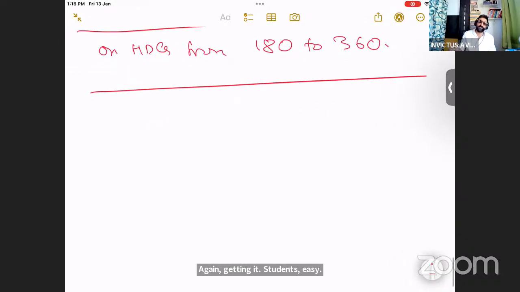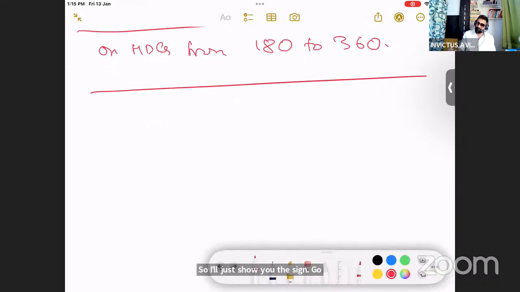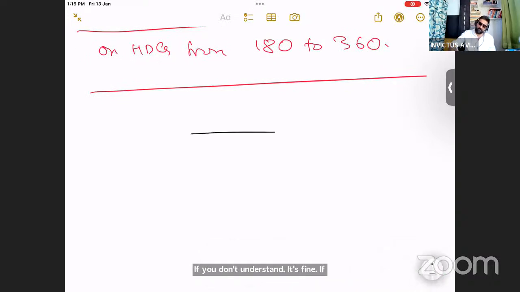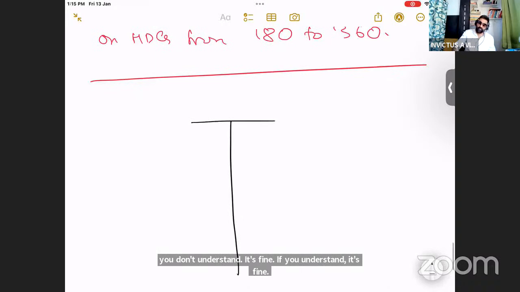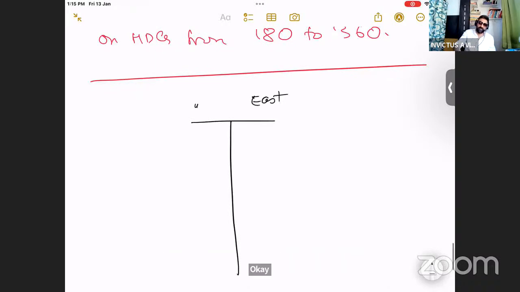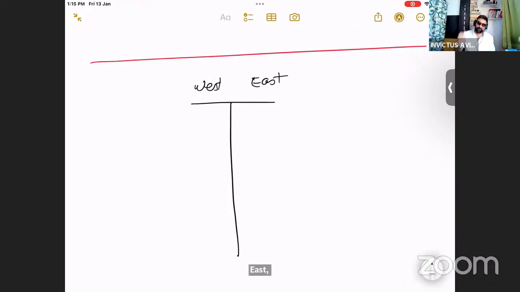So I'll just show you the sine curve and explain it to you. If you don't understand, it's fine. If you understand, it's fine. East, west. Okay. I'll say this is 000, this point. I'll say this is 045, this is 090, or 135.